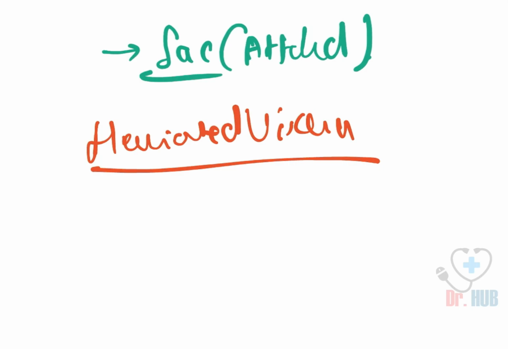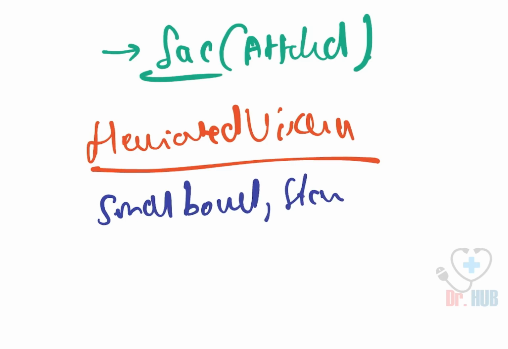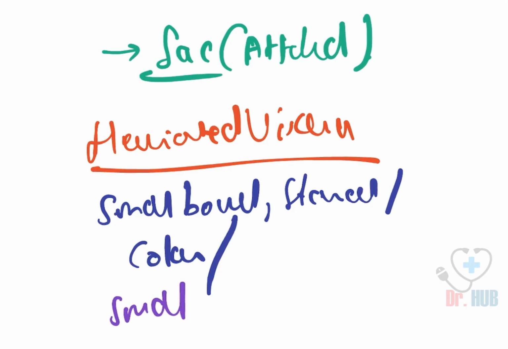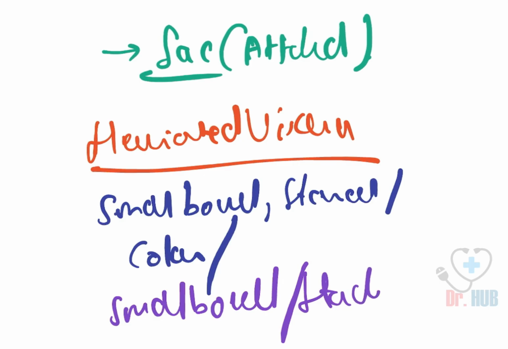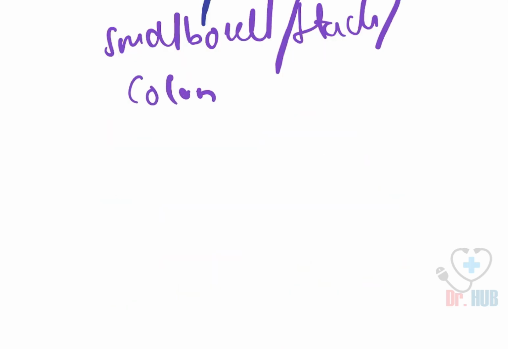In gastroschisis, it is the small bowel, stomach, and the colon. In case of the Omphalocele, it is the small bowel, stomach, the colon, and the liver.